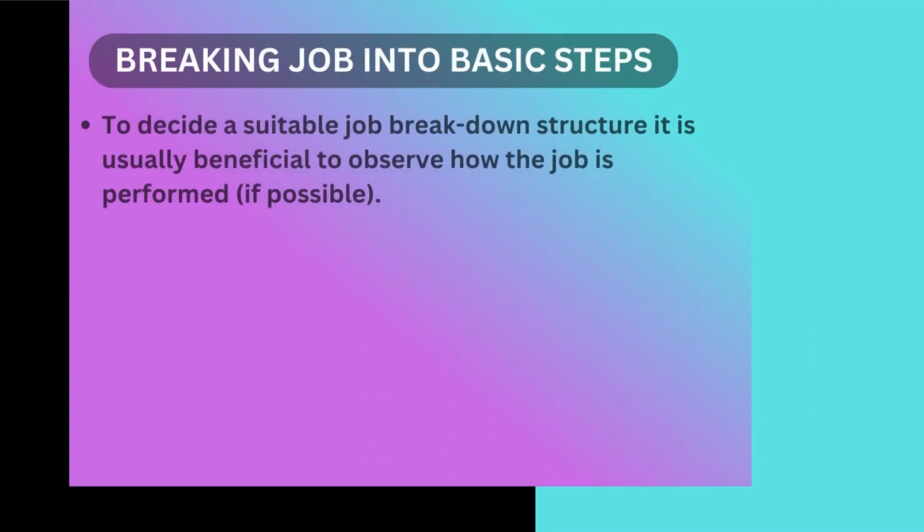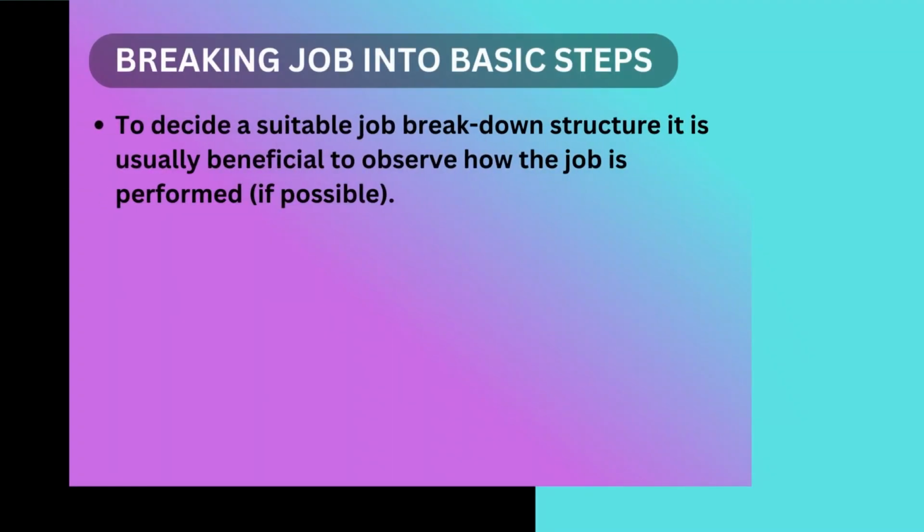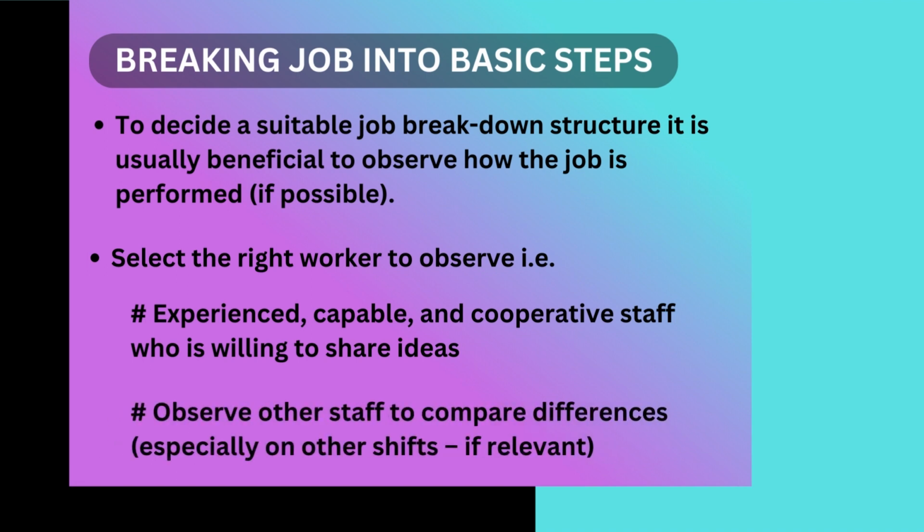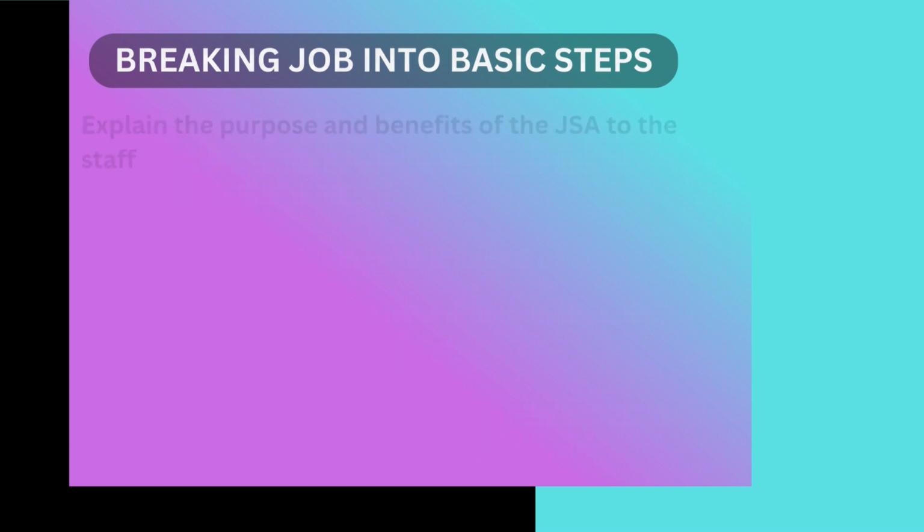To decide a suitable job breakdown structure, it is usually beneficial to observe how the job is performed, if possible. Then select the right worker to observe, such as an experienced, capable, and cooperative staff member who is willing to share ideas. Now observe other staff to compare differences, especially on other shifts if relevant.